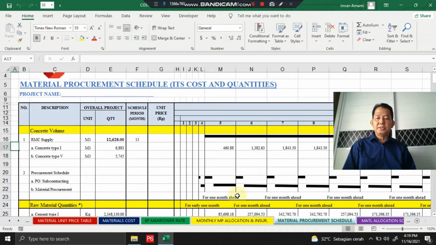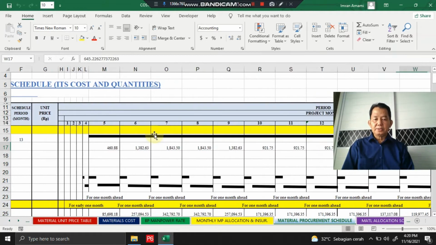By composition, concrete type 1 is 6,883, concrete type 5 is 5,745, and the scheduled or contract period is 13 months. We also have a monthly concrete demand schedule, as you see on the screen here.